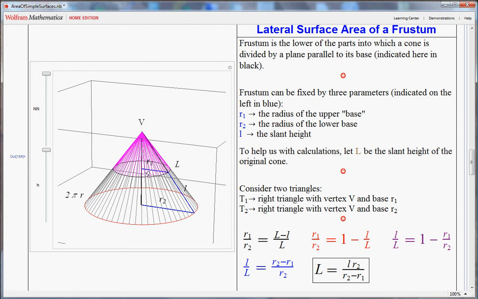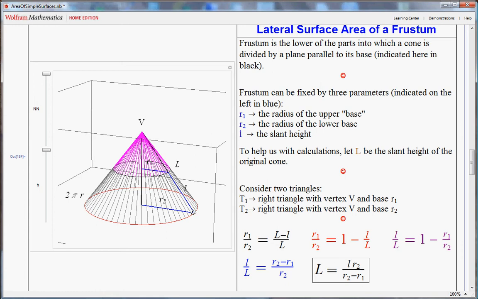The first triangle is the little triangle, determined by the vertex V of the cone and the smaller of the bases, with length r sub 1. And the second triangle is the large triangle, determined by the vertex of the cone and the larger of the bases, r sub 2.